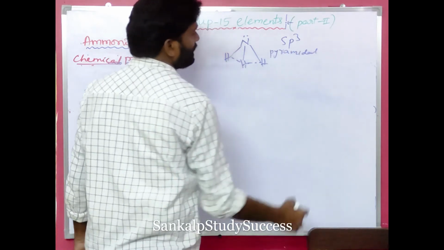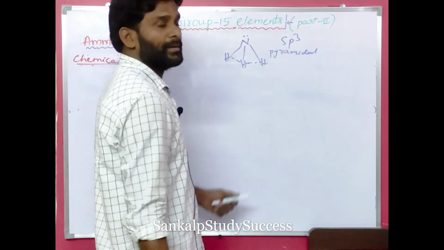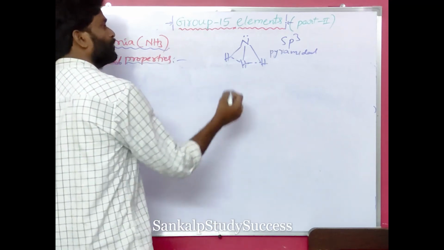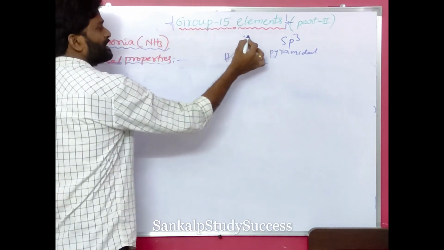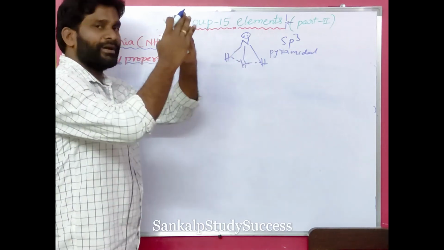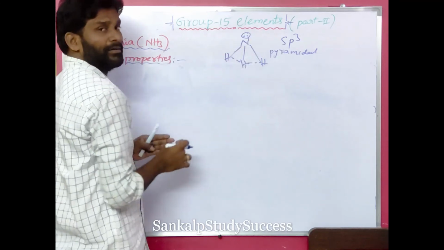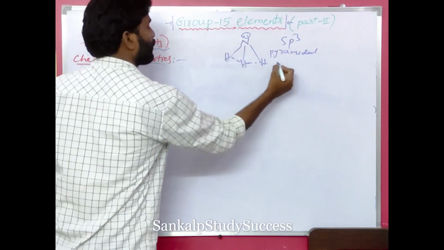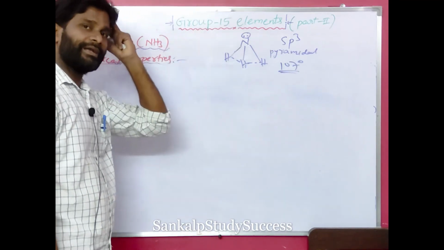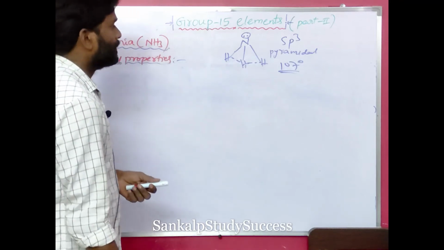According to sp3 hybridization, its bond angle is 109 degrees 28 minutes, but the bond angle is deviated due to the high repulsive force between lone pair and bond pair. So the bond angle is reduced to 107 degrees, from 109 degrees 28 minutes to 107 degrees.